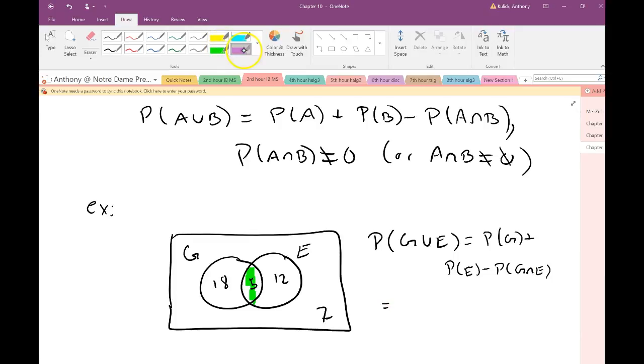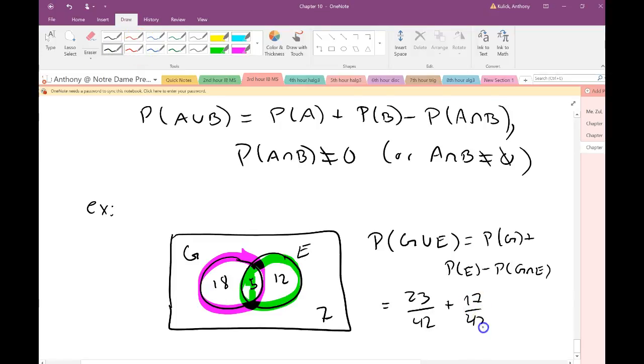P of G is 23, and there's 42 total if you added them up. And then P of E is going to be 17 out of 42 total minus 5 out of 42. And that gives us 35 out of 42.